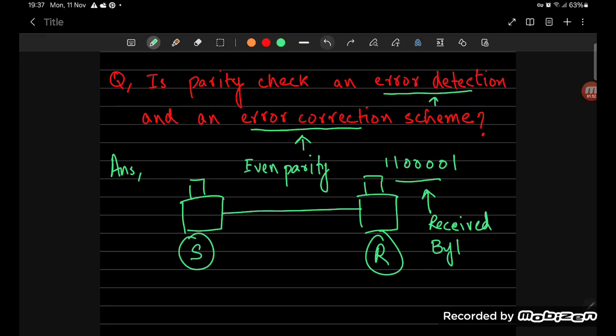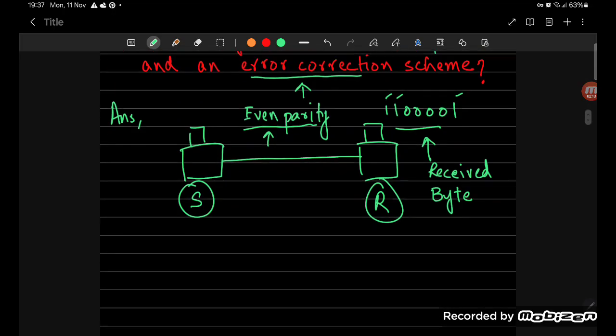Based on even parity, what is the receiver going to do? The receiver is going to count the number of ones. So we have 3 ones, which is an odd number of ones.